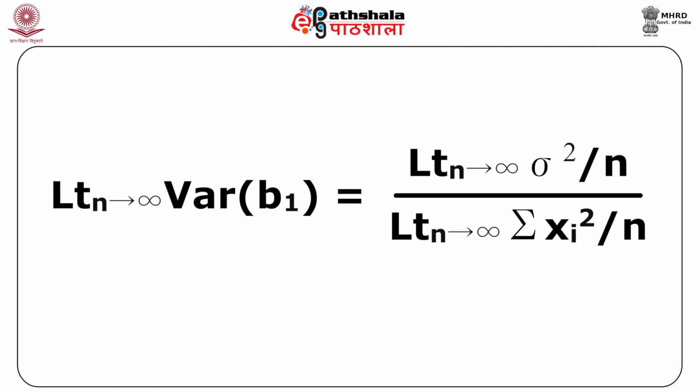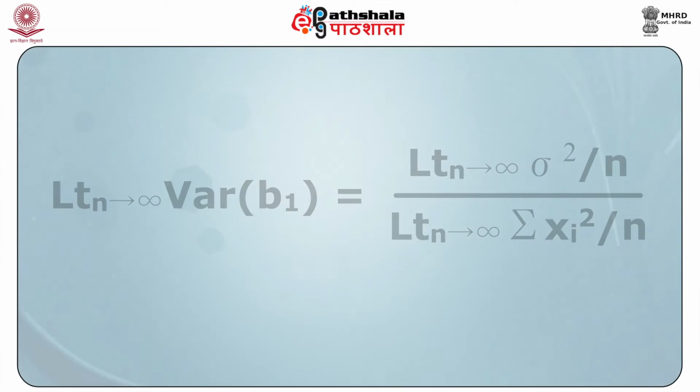Therefore, both the numerator and denominator are 0 when n tends to infinity. That is, as n increases infinitely, the OLS estimator b1 converges towards its true population value beta 1. Same can be said about b0.